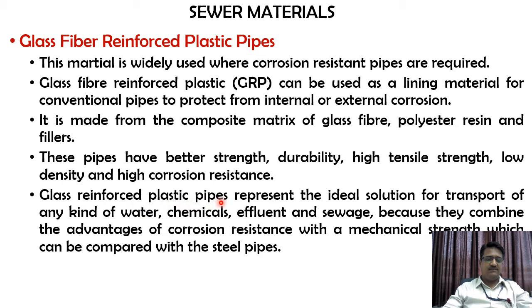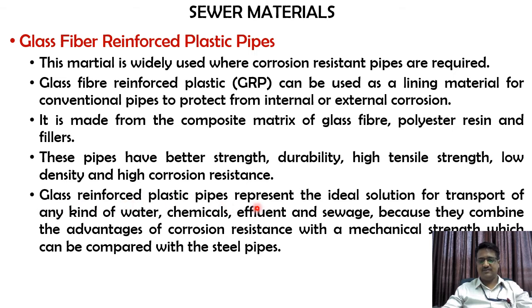Glass reinforced plastic pipes represent the ideal solution for transport of any kind of water, chemicals, effluent and sewage, because they combine the advantage of corrosion resistance with a mechanical strength which can be compared with steel pipes. So I'll repeat this sentence.